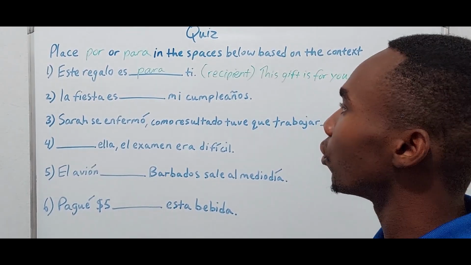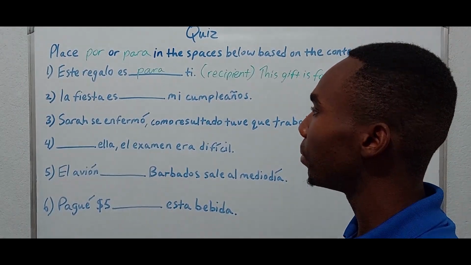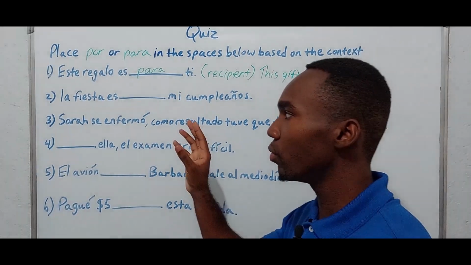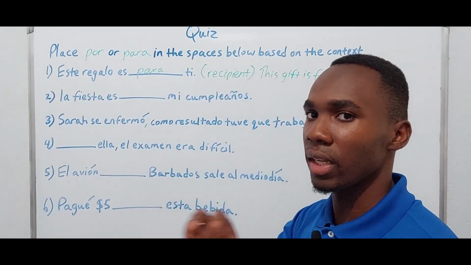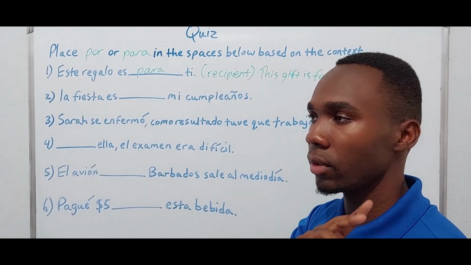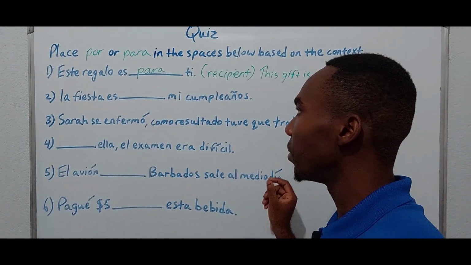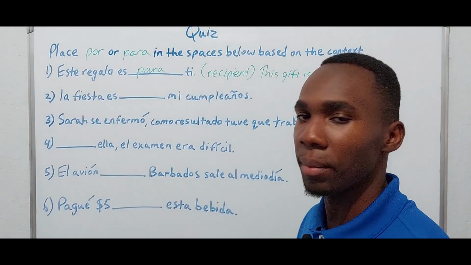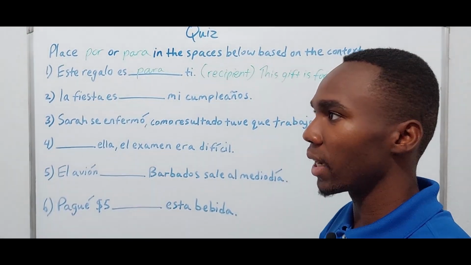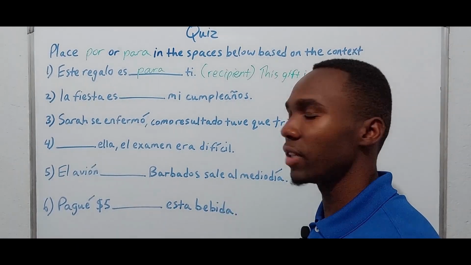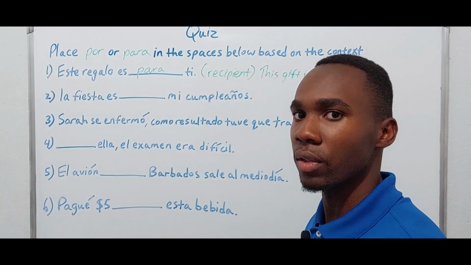Let's take out for and replace it with the other expressions that we would have encountered earlier. So the party is because of my birthday. Okay, that makes sense. So let's look at para now. Objective. The party is in order to my birthday? No. So para cannot work.